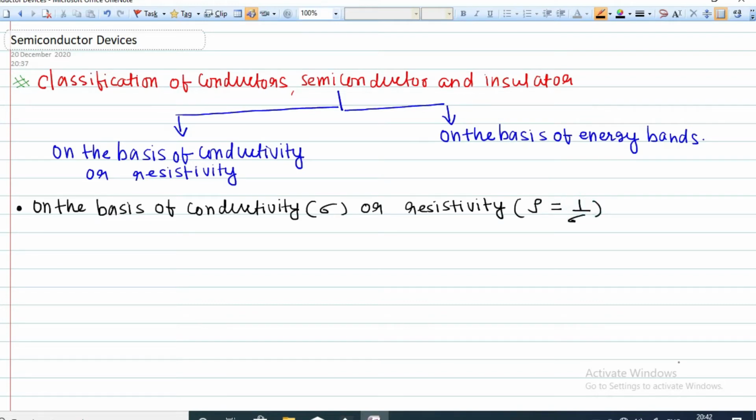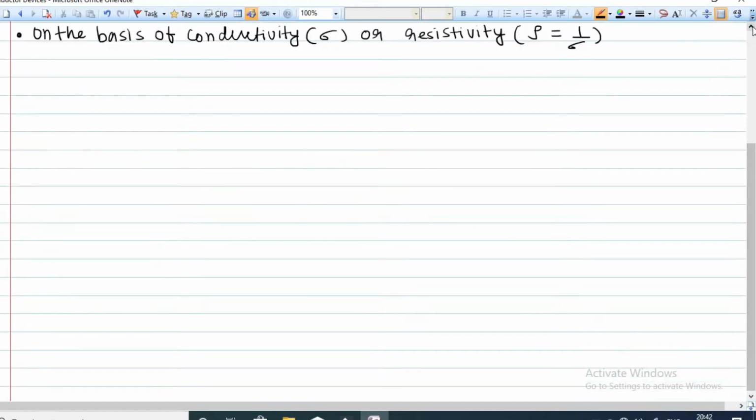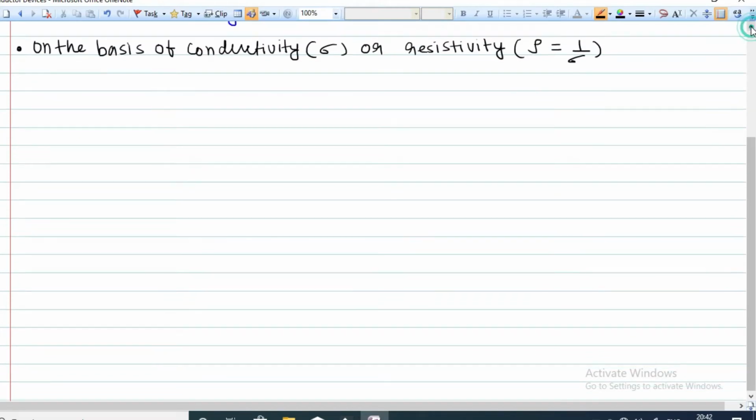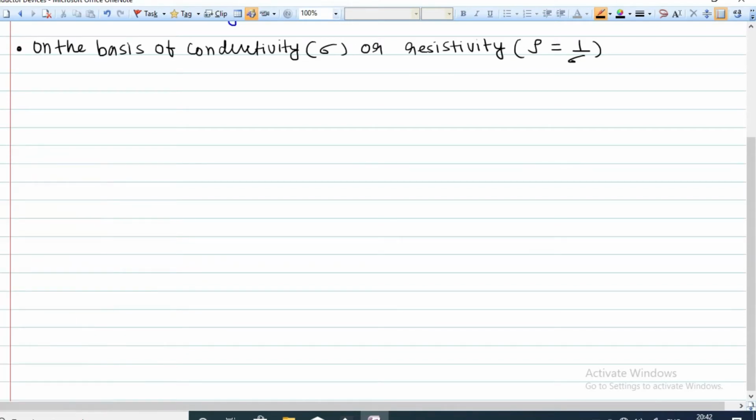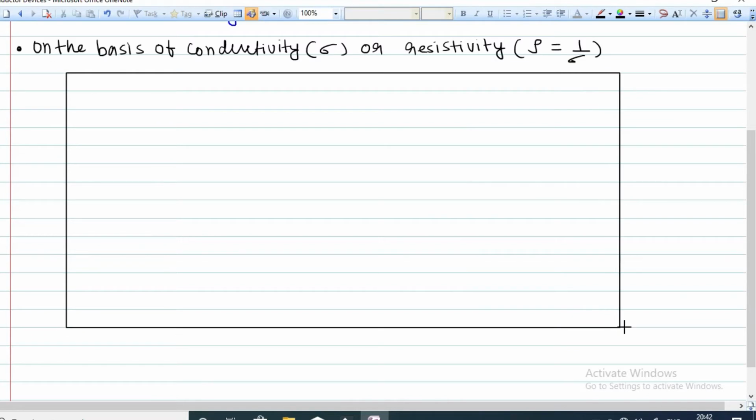So the first basis of classification of conductors, semiconductors and insulators is on the basis of conductivity or resistivity. So let's see. Let me make a column here. We are going to form a column here.